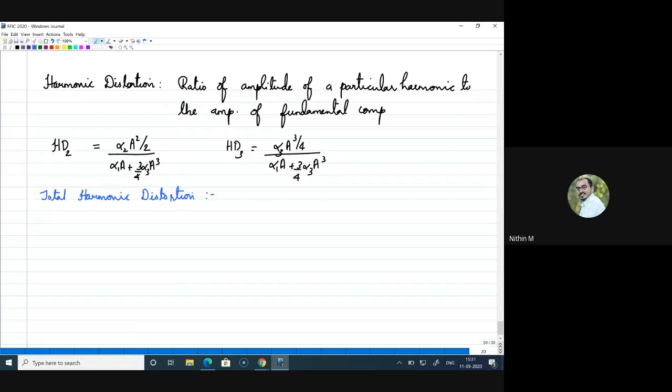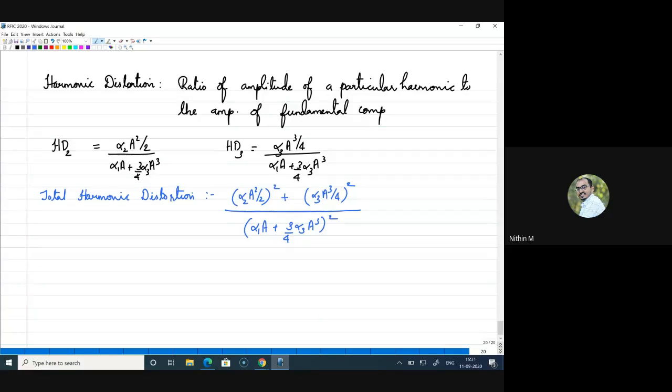So we will write total harmonic distortion as alpha 2 a square by 2, it is power, so we will express it as a square, plus alpha 3 a cube by 4 the whole square, plus further harmonics if you have them, divided by the power of the fundamental, which is alpha 1 a plus 3 by 4 alpha 3 a cube the whole square. Right.